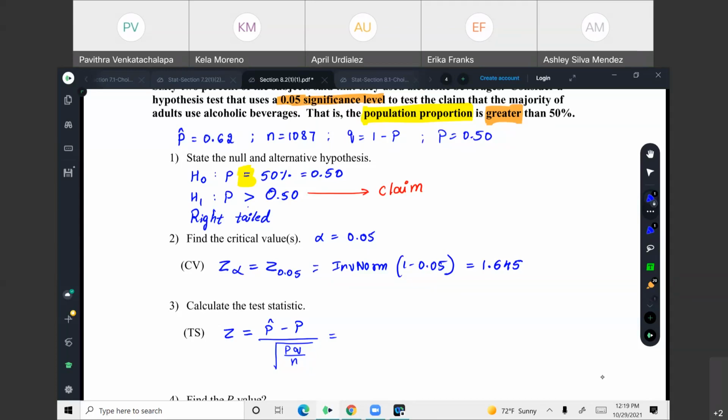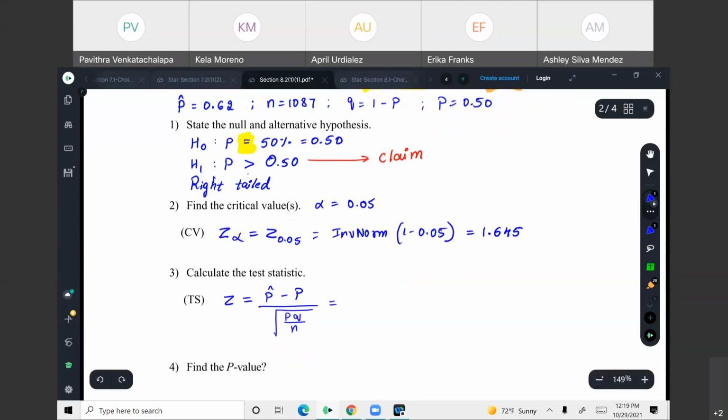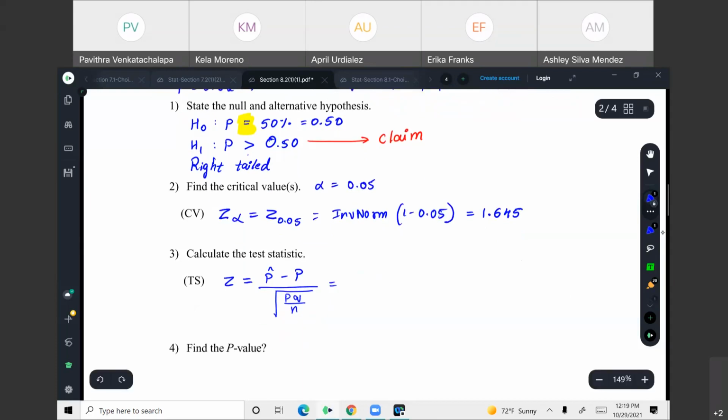Okay. Now, okay. So now Z value, you have to get it around 7.91. So you are going to plug this value and calculate P, 0.50 divided by 1087, which is equal to 7.91.